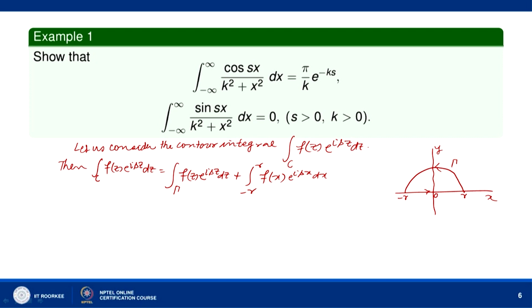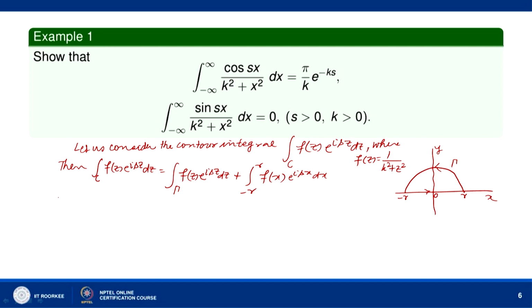Here fz is obtained by replacing x by z in the expression for fx. Fx is 1 over k square plus x square, so fz is 1 over k square plus z square.